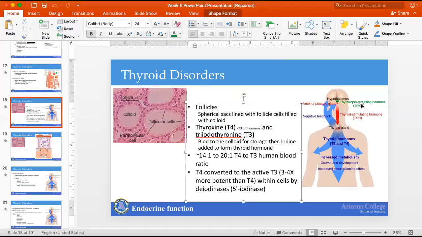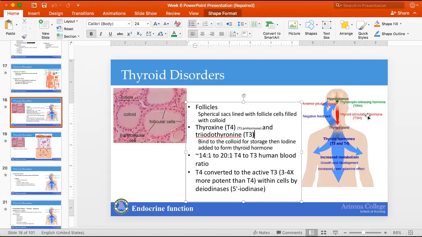If we go back to the hypothalamus, let's look at it up here. The thyrotropin releasing hormone, this regulatory hormone, is going to release from the hypothalamus and go to the anterior pituitary gland and stimulate it to release a stimulating hormone.